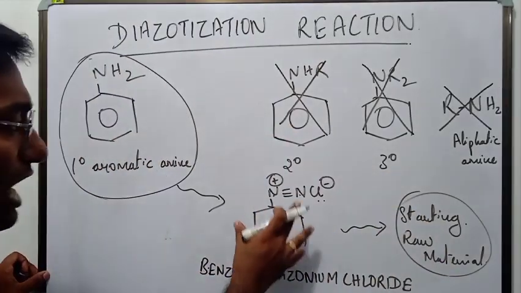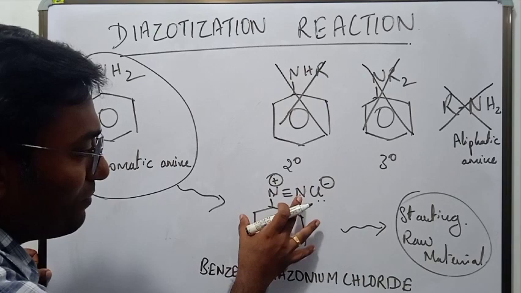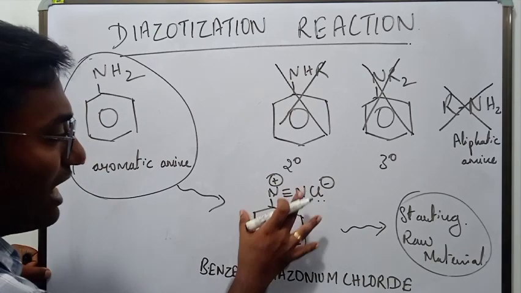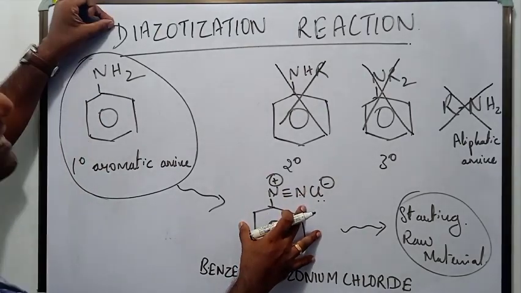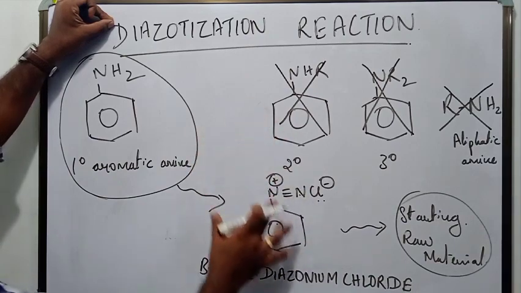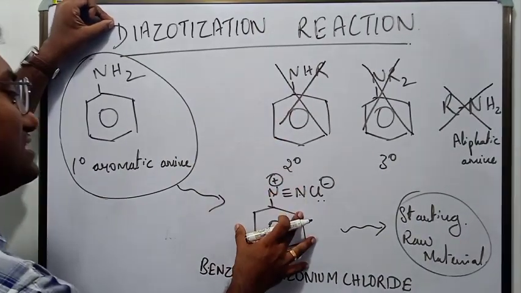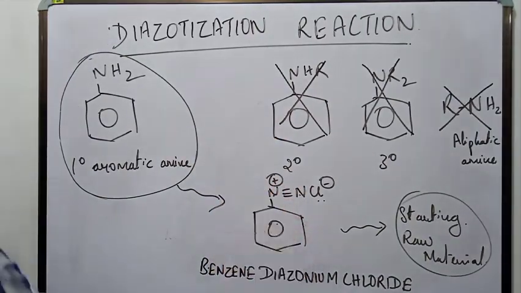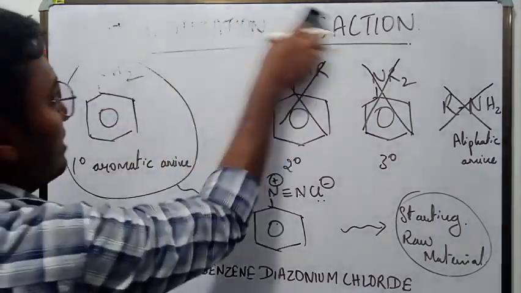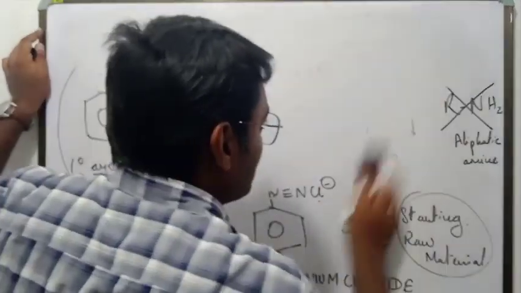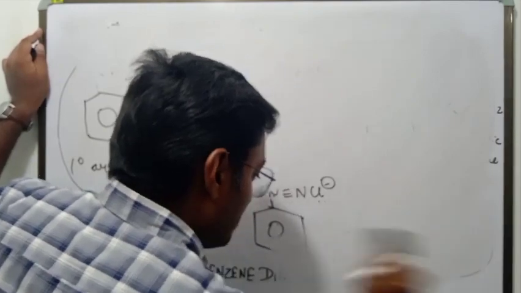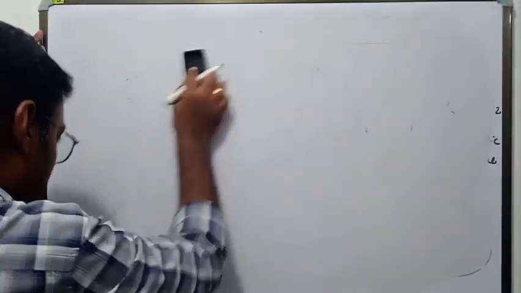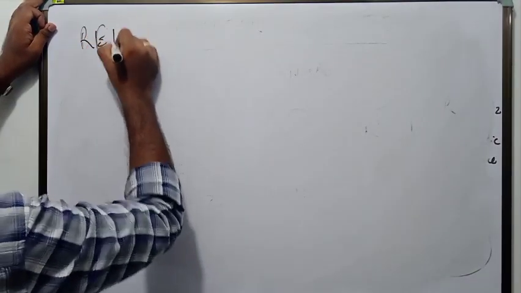So that much important is benzene diazonium chloride as a starting raw material. The next question is, how do we make benzene diazonium chloride? The answer to this is the diazotization reaction. Let us understand the reaction, let us draw the reaction, and we will get an idea of what the diazotization reaction is. Let us go to the reaction. What would you take as the substrate?